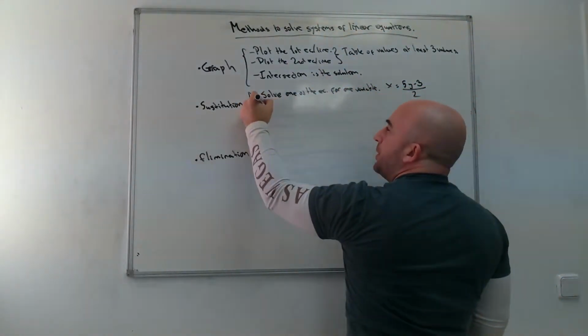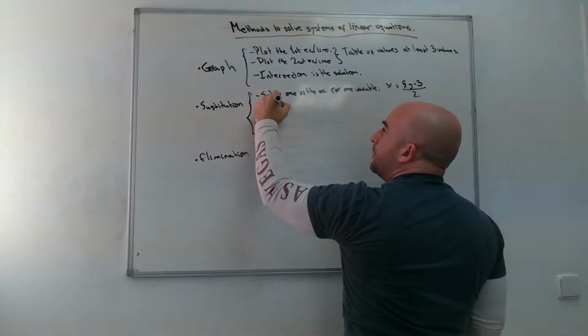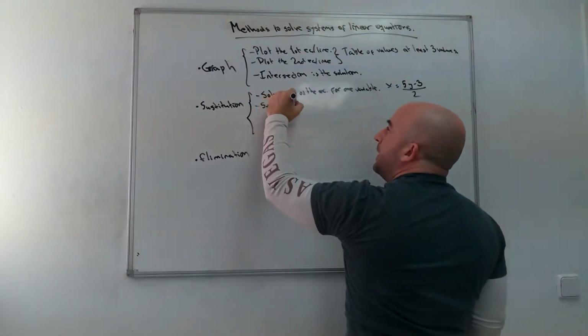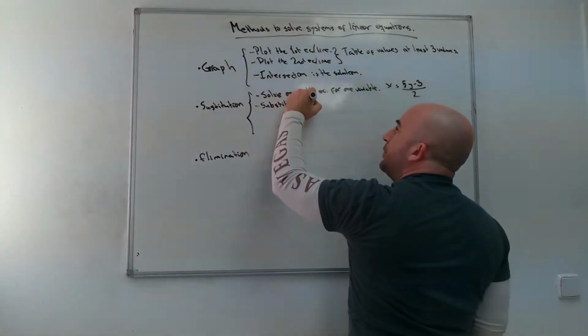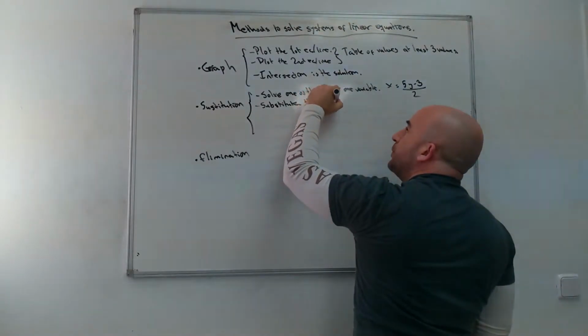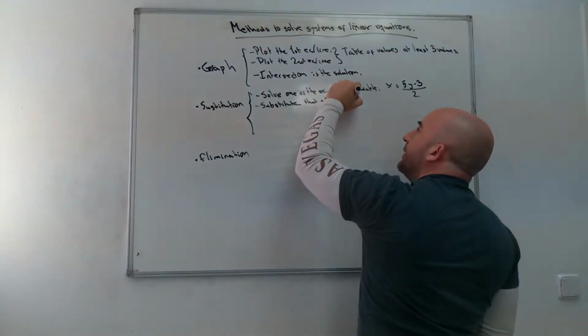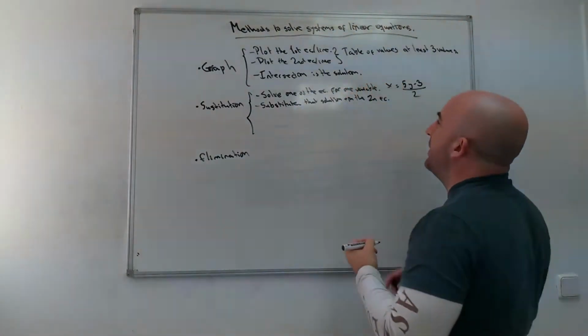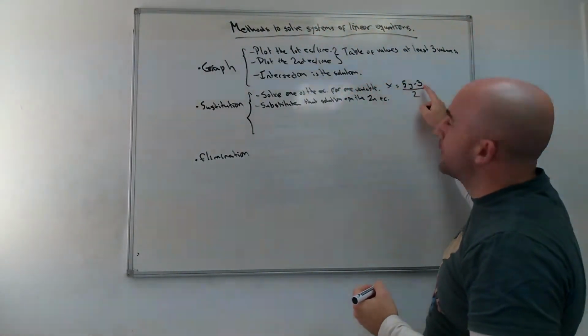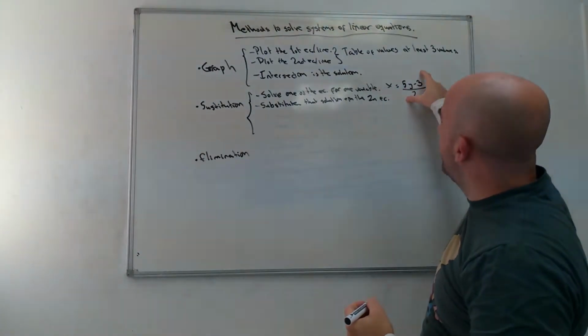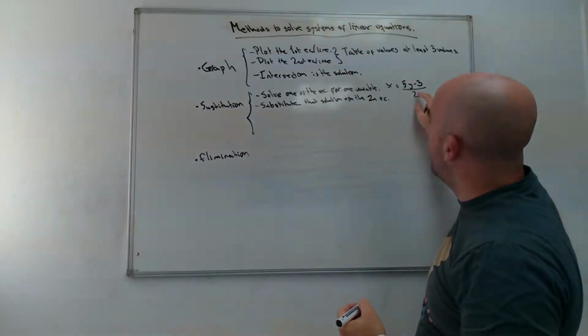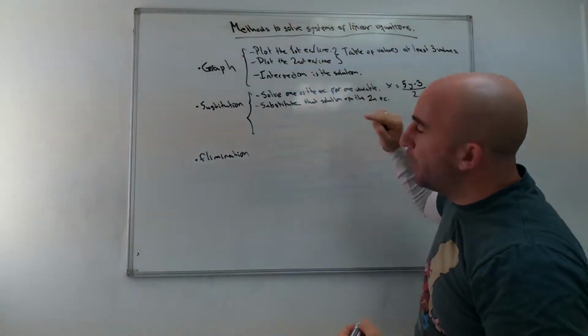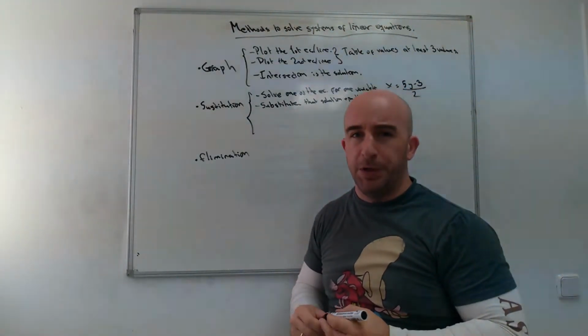Then you substitute that solution on the second equation. So for example, if you got the value of x, this (5y minus 3) divided by 2, you substitute it where it says x on the second equation.